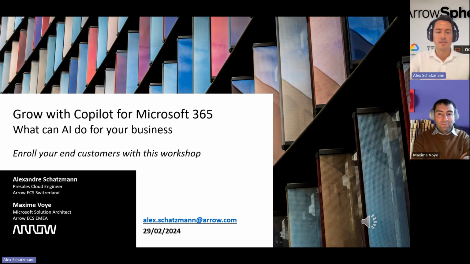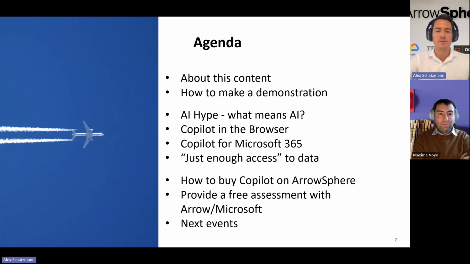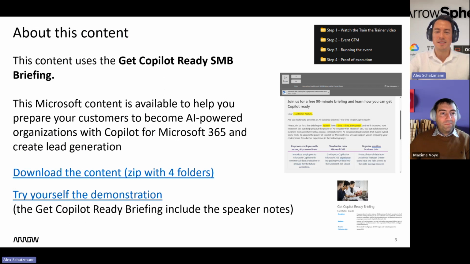So the agenda today is about the AI hype, the Copilot in the browser, what is Microsoft 365 Copilot, the foundation that you need to have in order to run AI properly, and also how to buy Copilot in ArrowSphere, and some little good surprises, I hope. So, Maxime, please, can you start with the beginning?